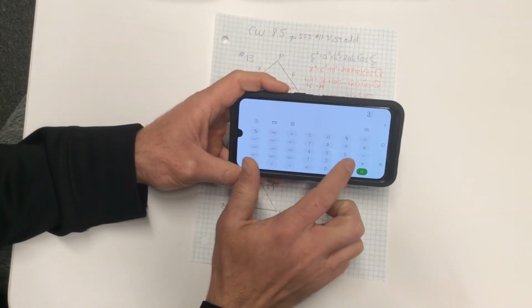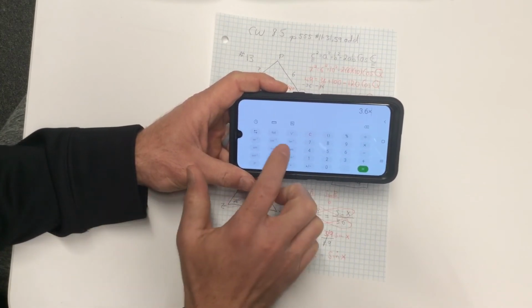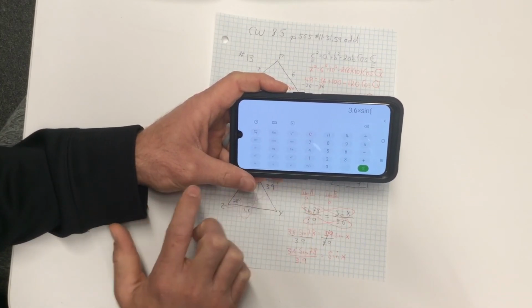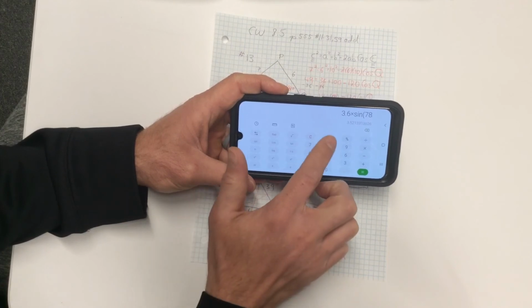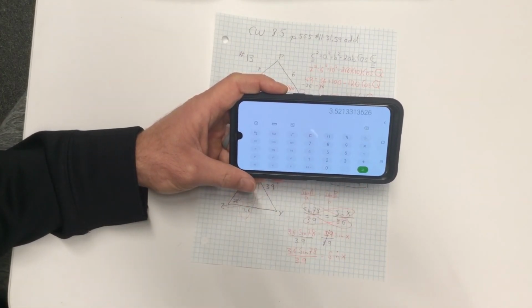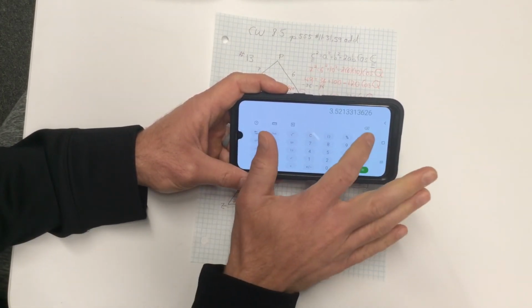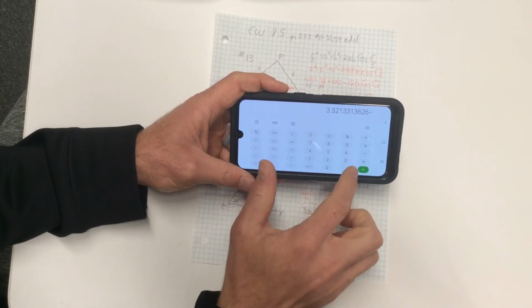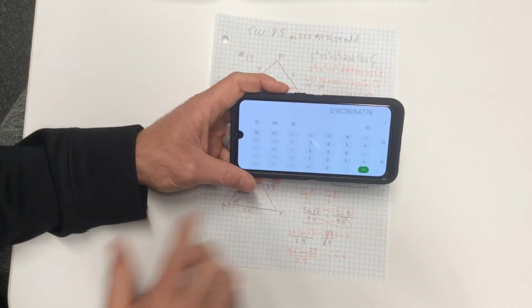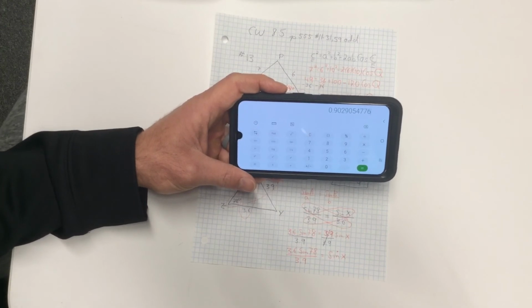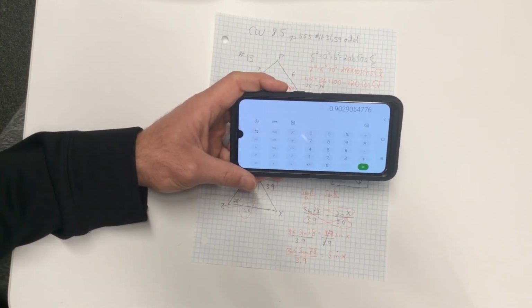Okay, so 3.6 times, better go to regular sine of 78. I'm going to hit equals just to make sure that's calculated, divided by now my 3.9. There's an ugly number, and you might think, oh, that's a terrible number. No, that's perfect because that's what sine of angles tend to become.